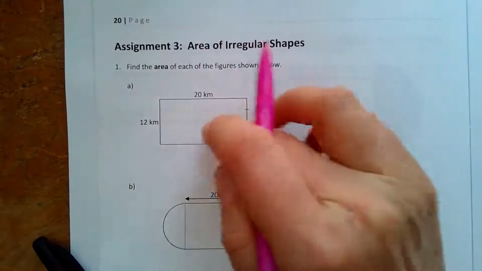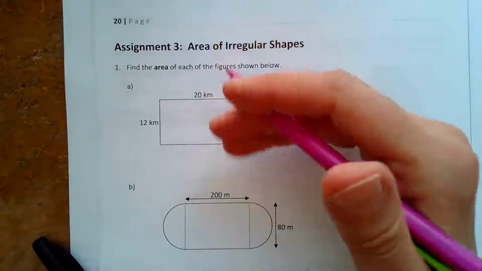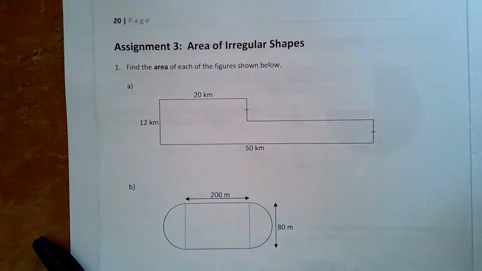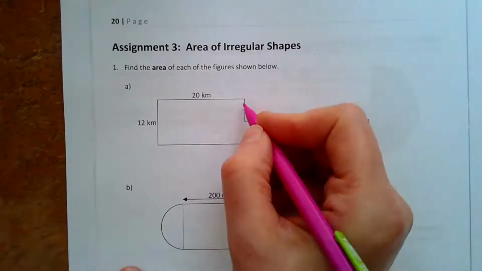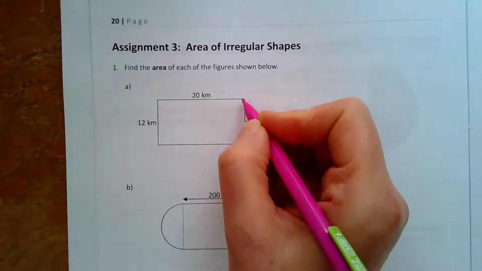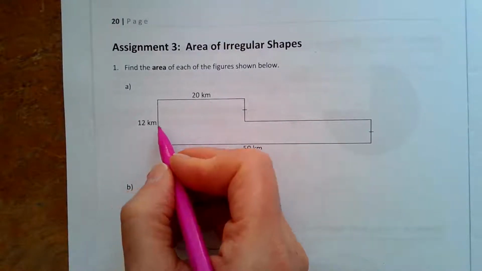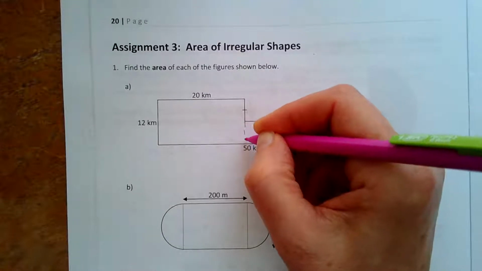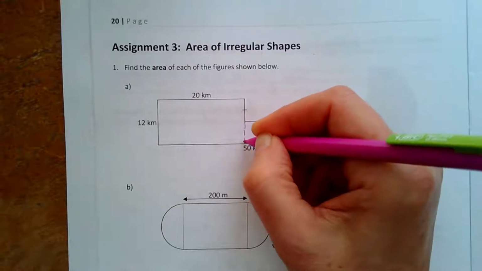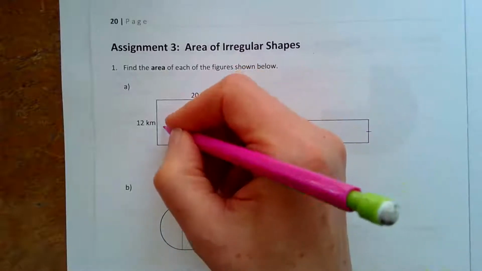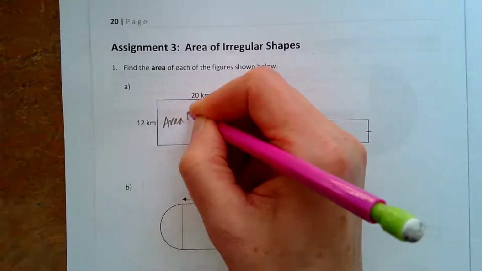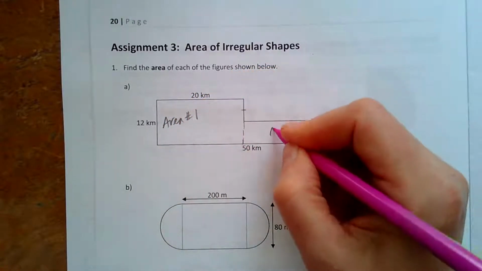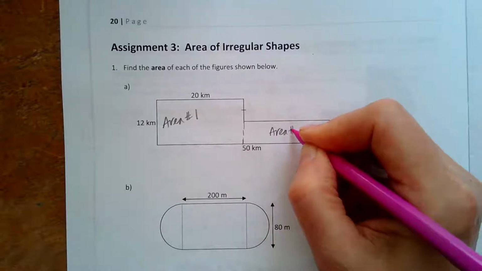I either see them side by side or one on top of the other, and it really doesn't matter. You could cut your rectangles this way, or you could cut your rectangles this way. My mind works more like this. So I'm going to separate my rectangles by putting a line here. Therefore, I have area number 1 and area number 2.